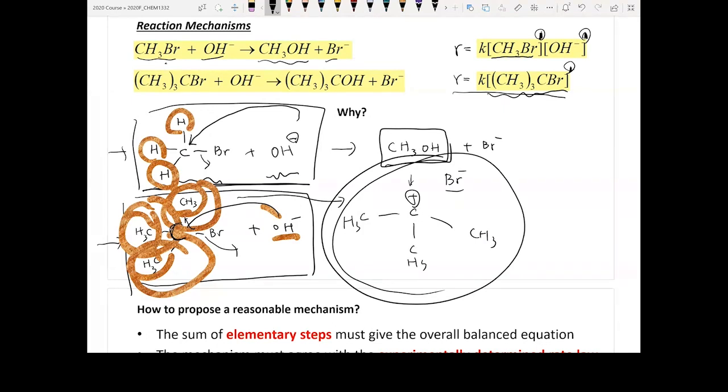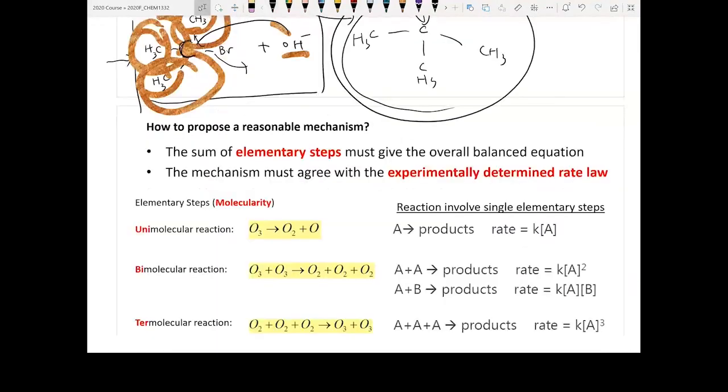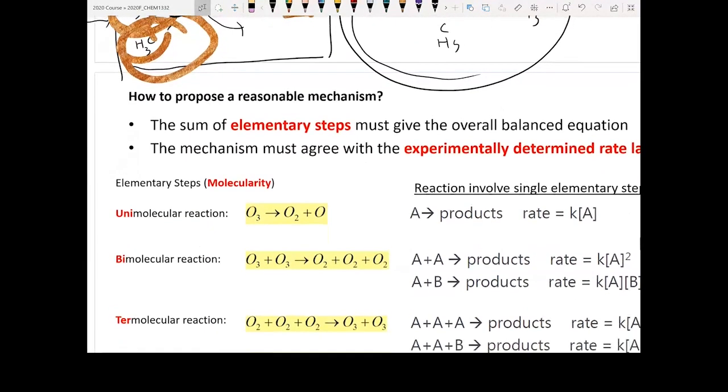Once this is formed, your OH can hit it quickly to form the product. Because this is the rate determining step, it is the contributor to your rate law. So this example is just to let you know the rate determining step will be the determining step for your rate law. Using this concept, how do scientists propose a reasonable reaction mechanism?